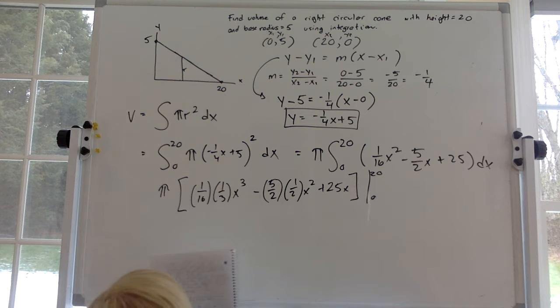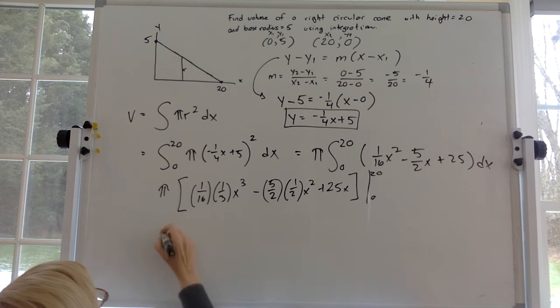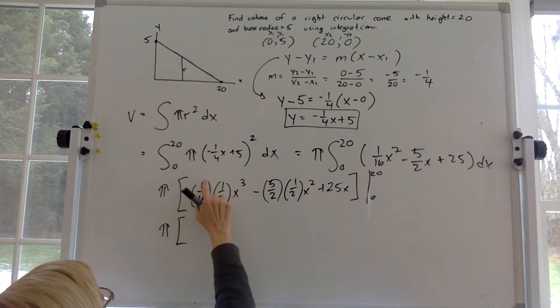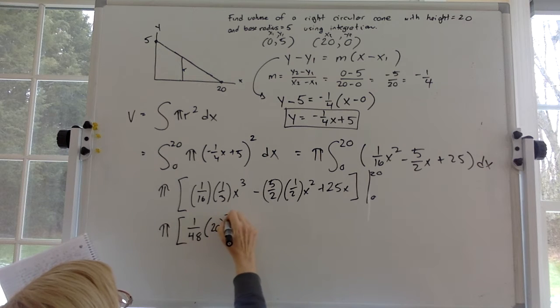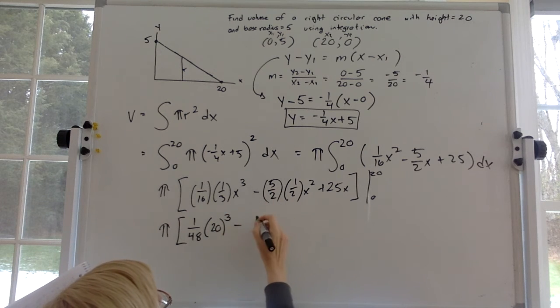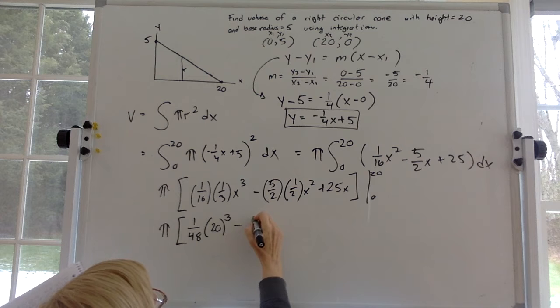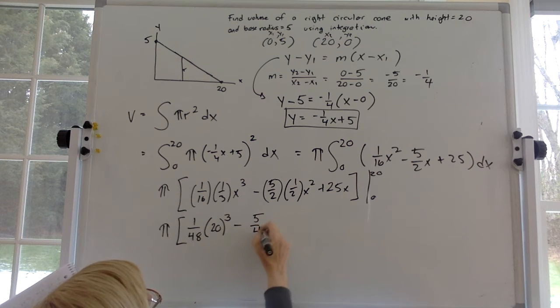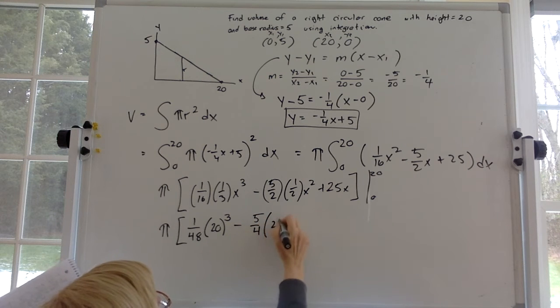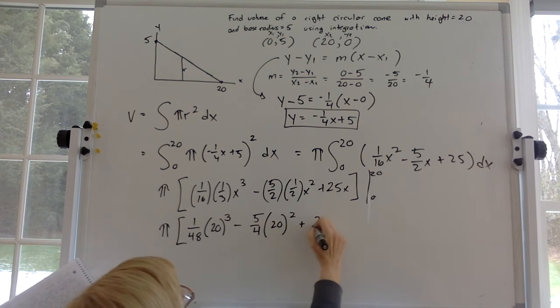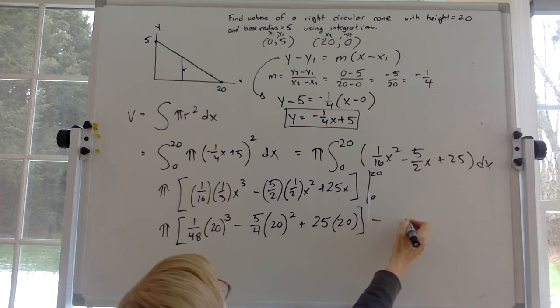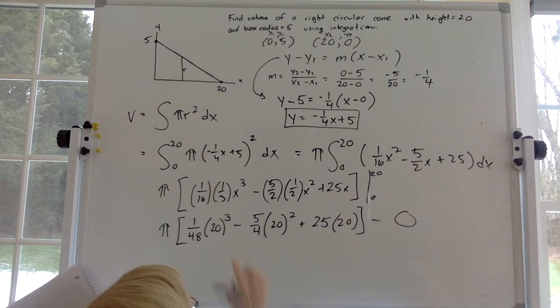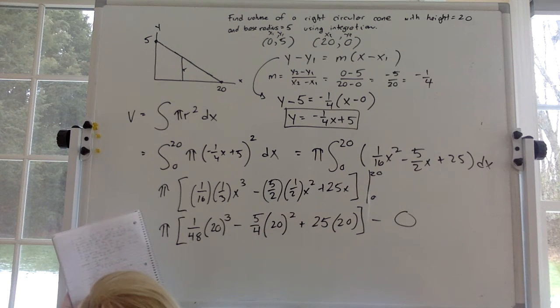Okay? So what do we get? Now we're going to plug the 20 in. You still got the pi, don't forget that. 1/16 times 1/3 is 1/48 times 20 cubed, minus, when you multiply the two fractions, you get 5/4 times 20 squared, plus 25 times 20, minus, oh, thank goodness we can just say 0, because when you plug 0 in for x, those all go to 0.